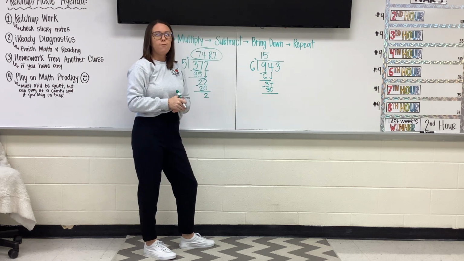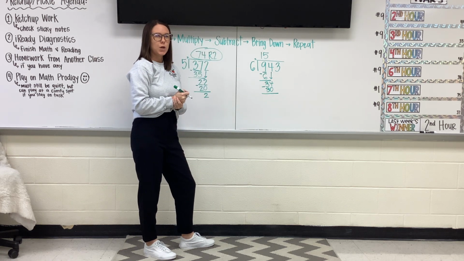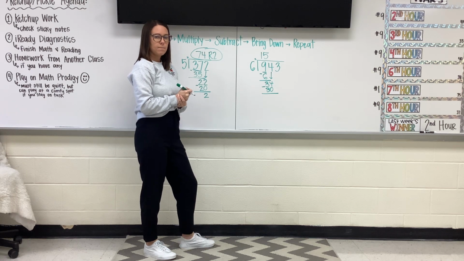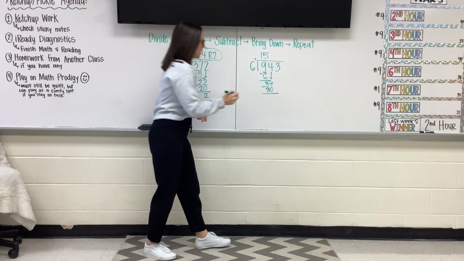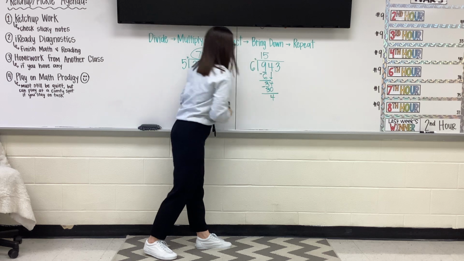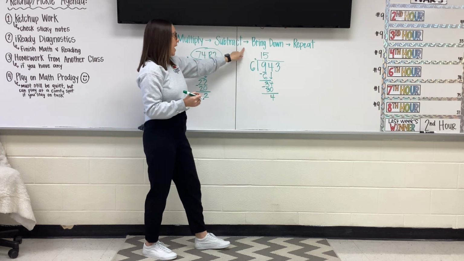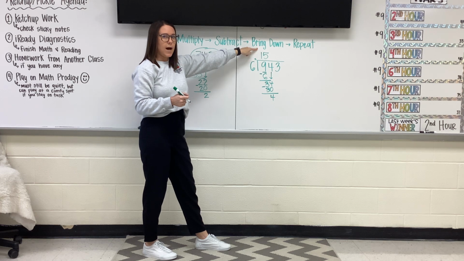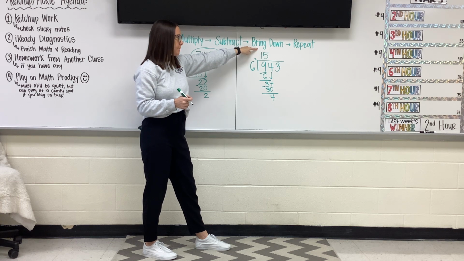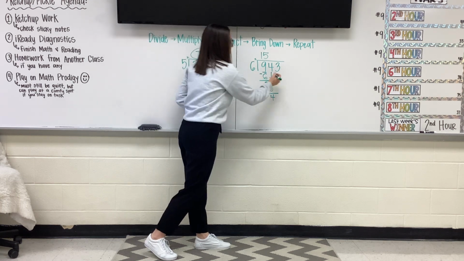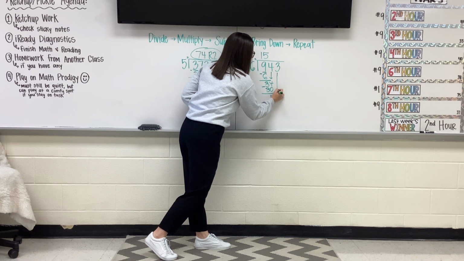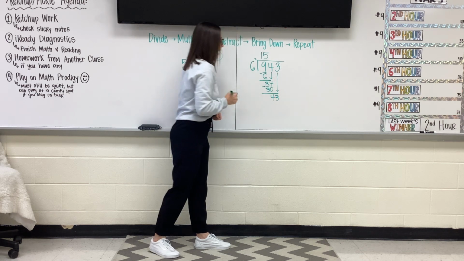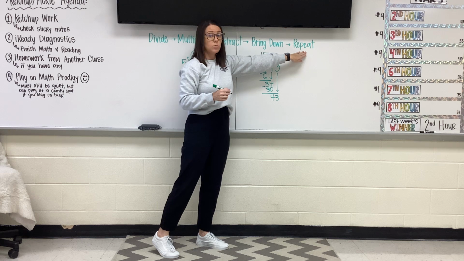What is 34 minus 30? 4. Put that down there. After subtract, I bring down. What am I ready to bring down next? The 3. That's my next number. So bring down the 3. Put it right there beside. And now I have to repeat again.